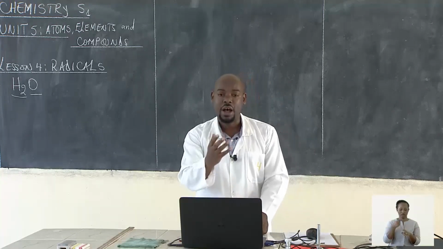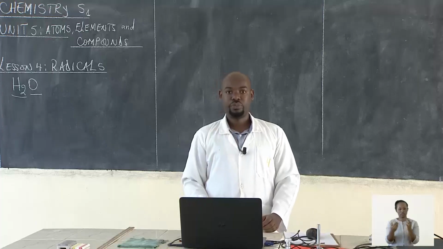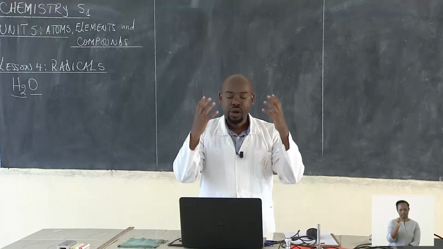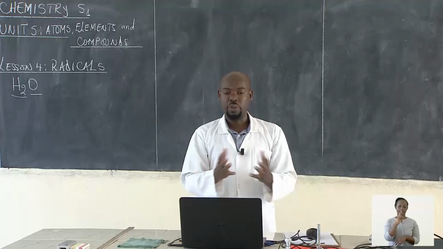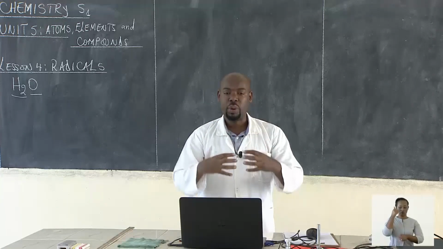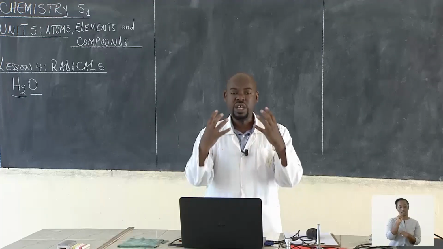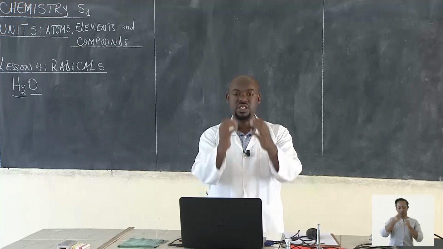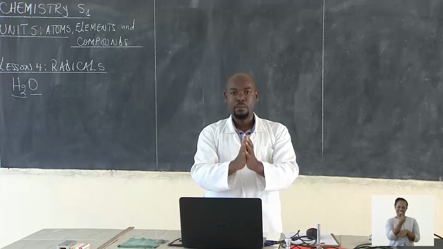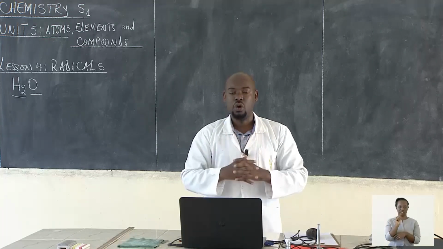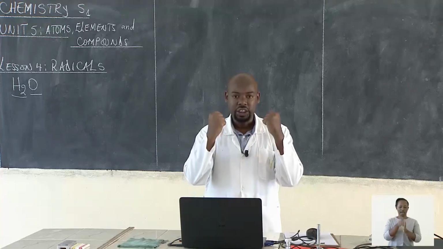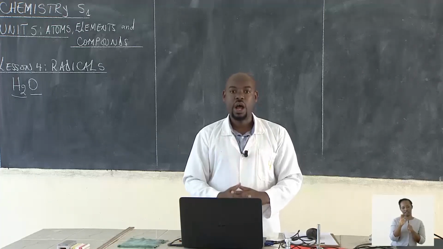So when you have a particle which is composed of many atoms, I can call it a polyatomic particle, but which behaves as if it is a single particle in a reaction, and which has a charge, we call that one a radical.